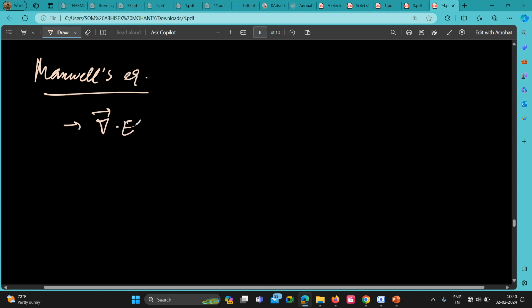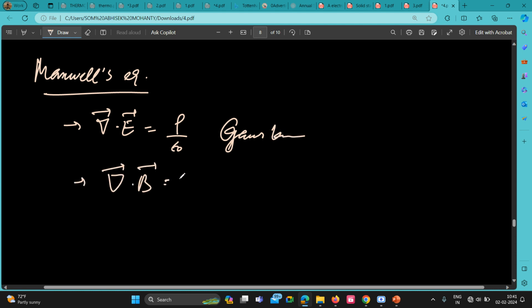Now let's write the Maxwell equations, which are very important. First of all, del dot E is rho by epsilon naught. This is your Gauss law. Now del dot B is 0, that implies that magnetic monopoles don't exist.